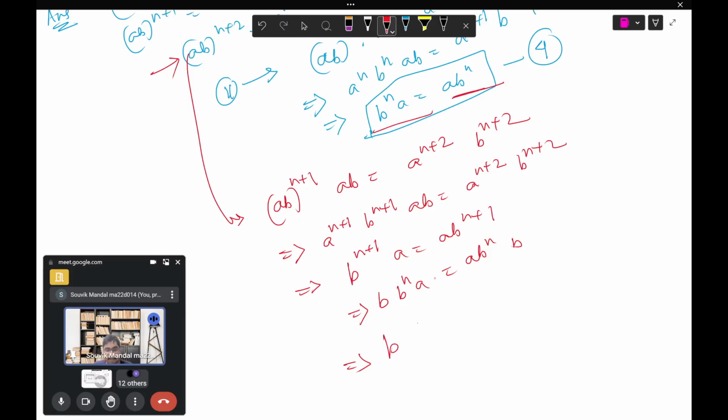That's why we are writing this as this. So this implies b a, now we are multiplying another b on the right and left side, b to the power n plus 1 is equal to a b to the power n plus 2.